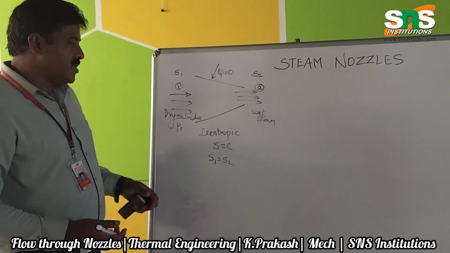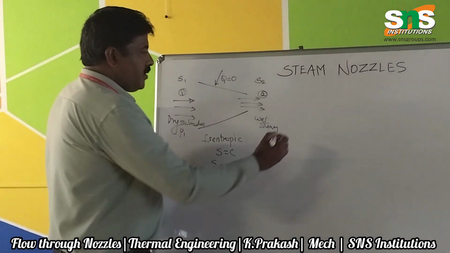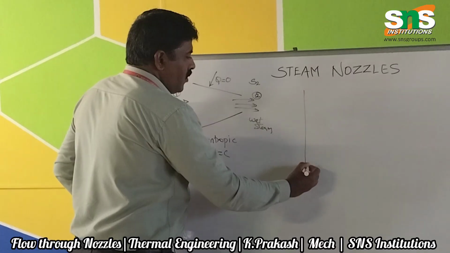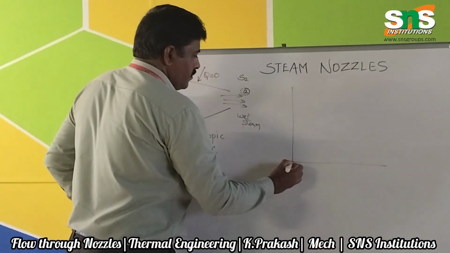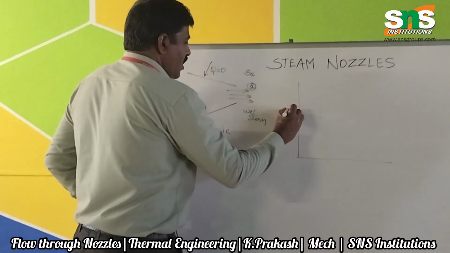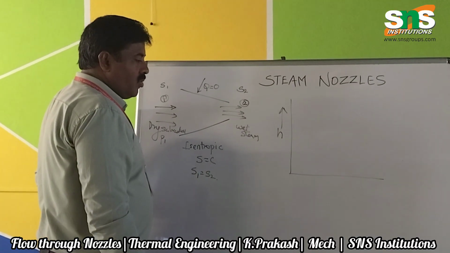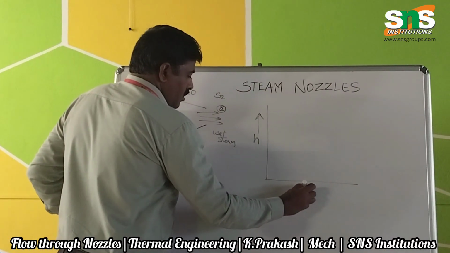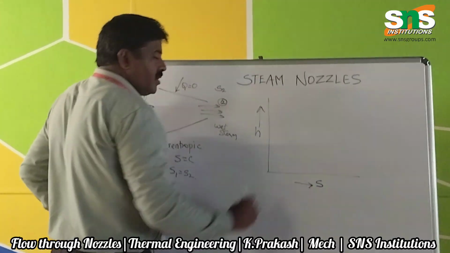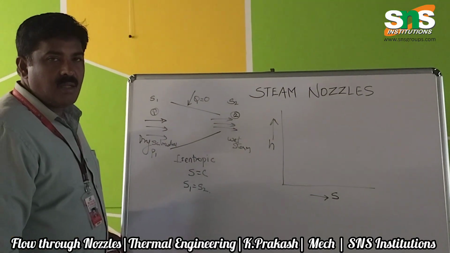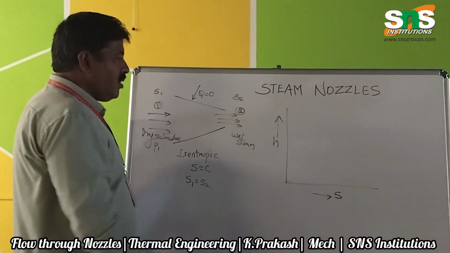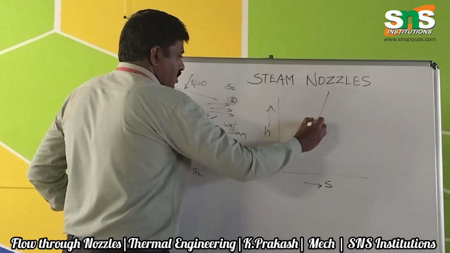Okay. Now let us see this small graph. If we take enthalpy on the y-axis and entropy on the x-axis, we are taking a particular pressure.